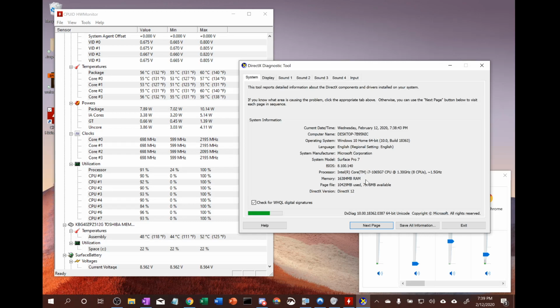It's got 16 gigs of RAM. This is a 10th generation i7, 8 CPUs. The fact that it's slowing down and getting hot with that much firepower is what I was talking to Microsoft about, saying this should not be happening.